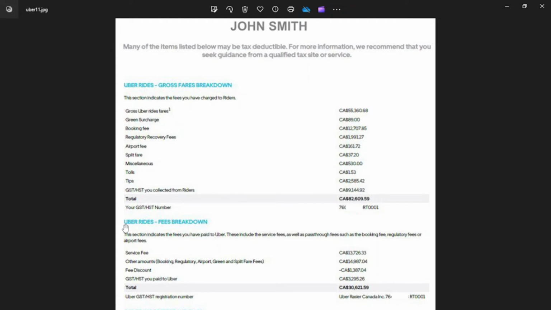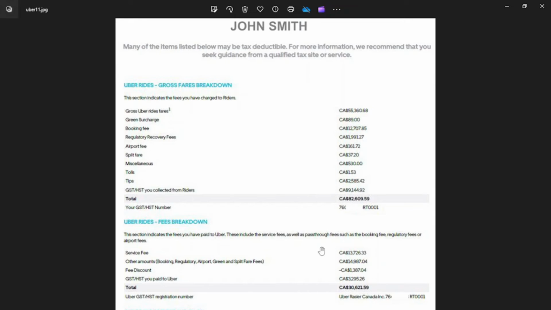All right, let's jump to the second section, which is the Uber rides fees breakdown. Over here in this section, Uber is going to tell you about the fees that they charge. Number one, service fee. This is a percentage. When the driver signs up for Uber as a driver, the driver agrees to pay, let's say, 25% of my fare to Uber.